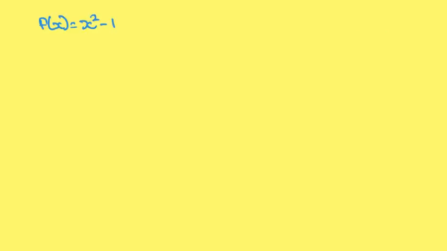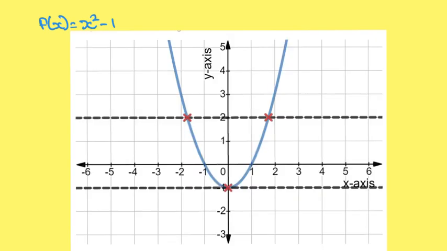Now let's take the graph of f of x equals x squared minus 1 and perform the horizontal line test. When we perform the horizontal line test, the function fails. There are many occasions where the horizontal line will touch the function in 2 places.